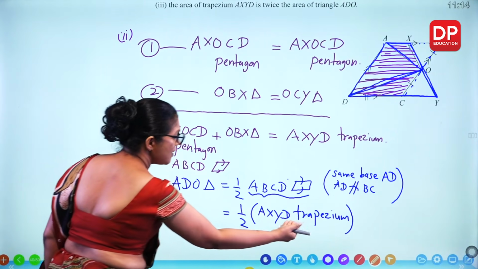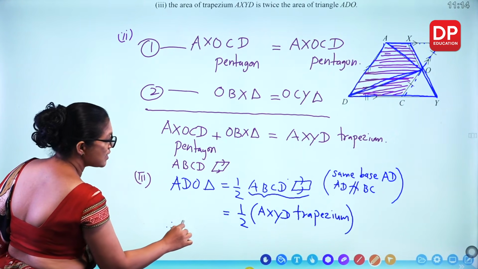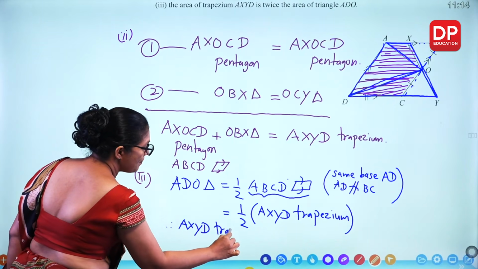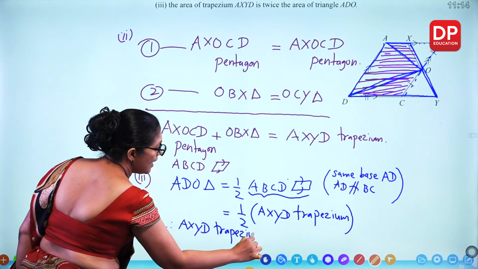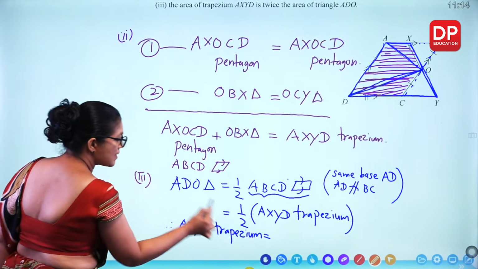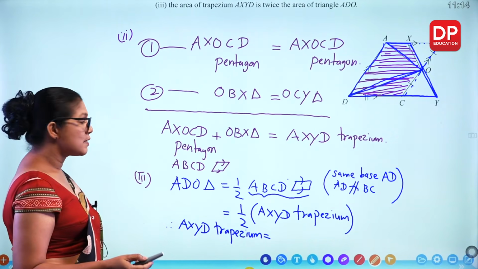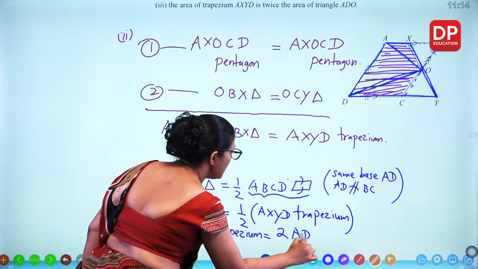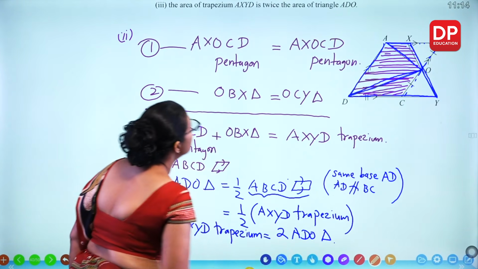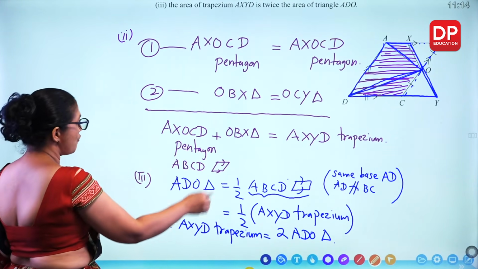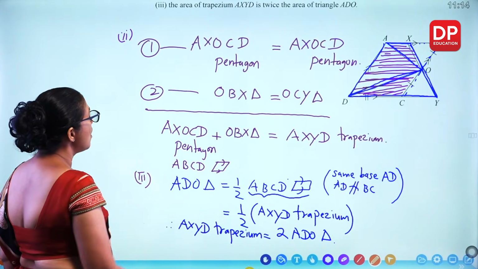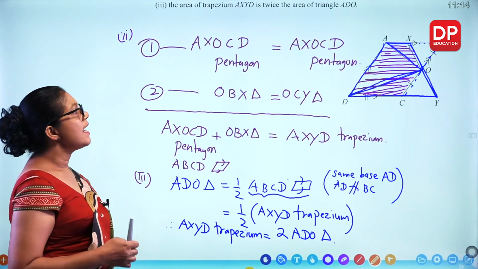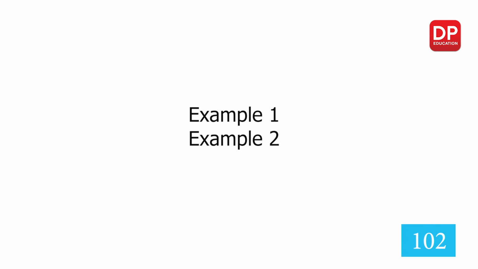When you take the other way around, we can write AXYD trapezium is twice, multiply both sides by 2, twice of ADO triangle. So that's what it says. The area of trapezium AXYD is twice the area of triangle ADO.